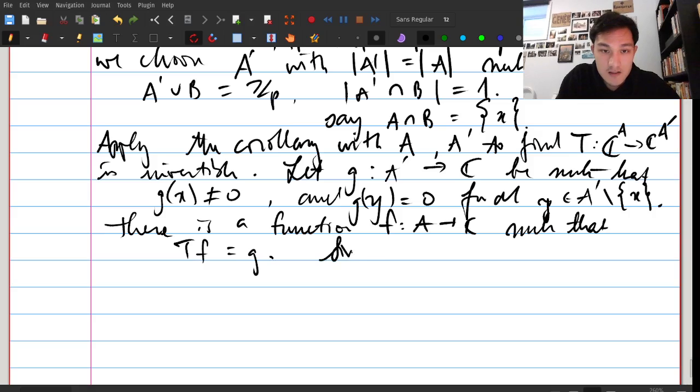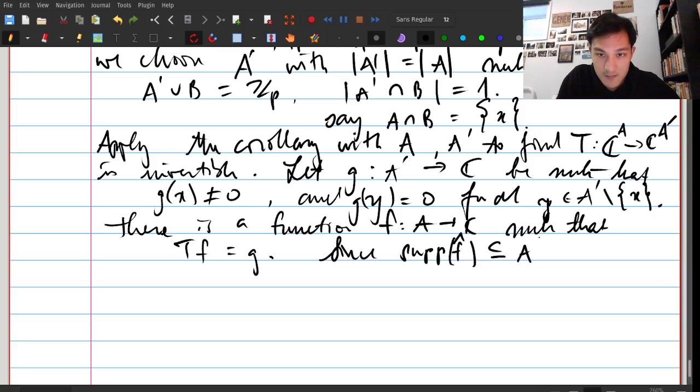So the support of f hat is a subset of A prime complement, and then x. Why is that?